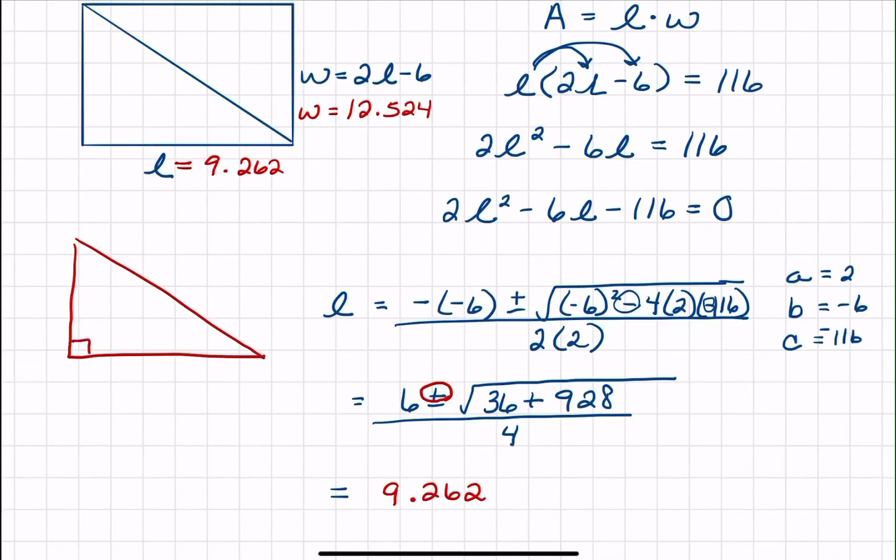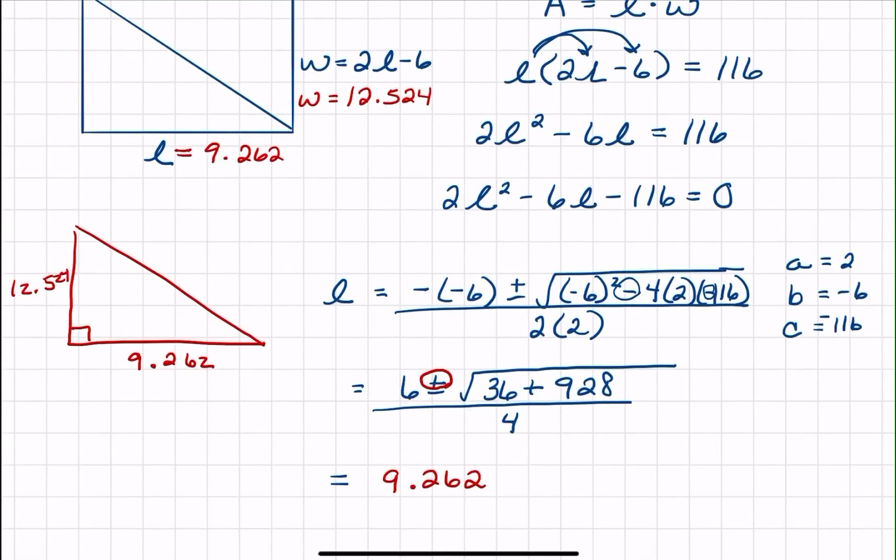If you just think of this as a right triangle with sides of 9.262 and 12.524, so I'm going to do A squared plus B squared equals C squared.